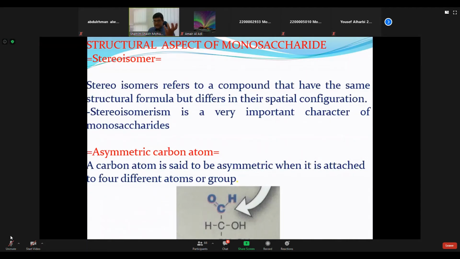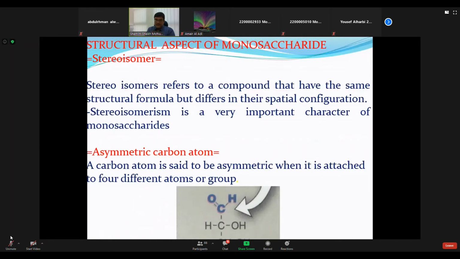It contains the same molecular formula. Suppose glucose, C6H12O6. One isomer of glucose looks different, another isomer of glucose looks a little different. The lookings are different. So that is called isomer.